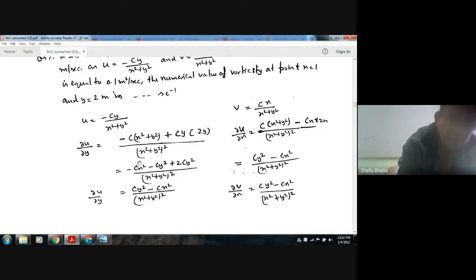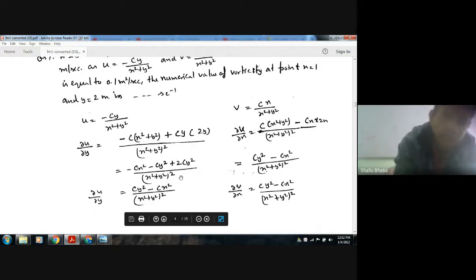Differentiating these, we have cy square minus cx square divided by x square plus y square, whole square. Similarly, differentiation of this gives the same thing. You can differentiate it using the divide rule.